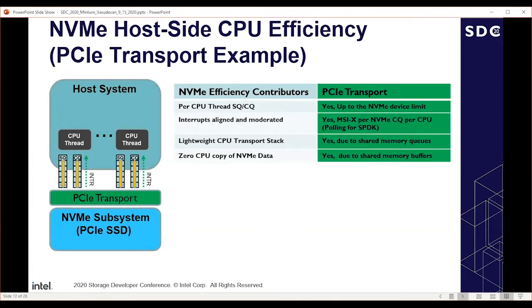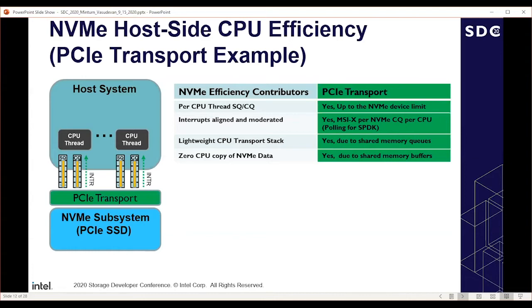Okay, if you look at PCIe, it was the first transport, and it pretty much has all these built into it. So what you see is, it has the per CPU thread submission queue and completion queue, up to whatever the limit of the NVMe device is. Interrupts are aligned and moderated through MSI-X and on a per CPU basis. There again with SPDK, these are polled, so there are no interrupts.